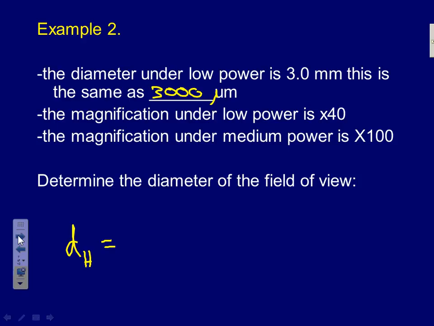I want the symbols. If this is H, what goes on the top here? I need a DL. I need an ML. Remember, it's the two L's and then MH. So the opposite goes on the top. Now tell me what to put in my equation here. What is the diameter of the low power objective? No, this is a new question.